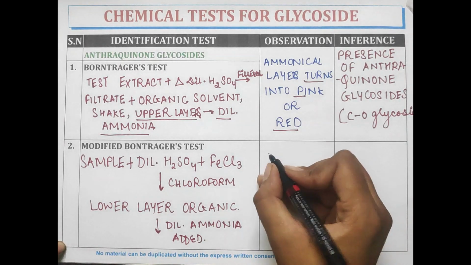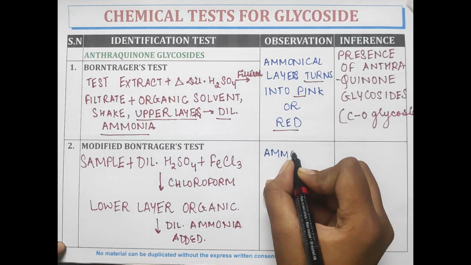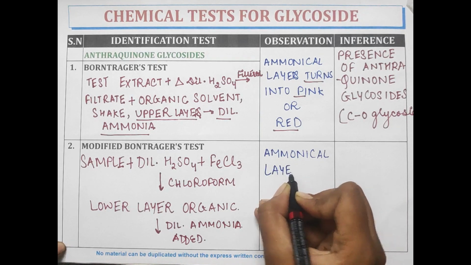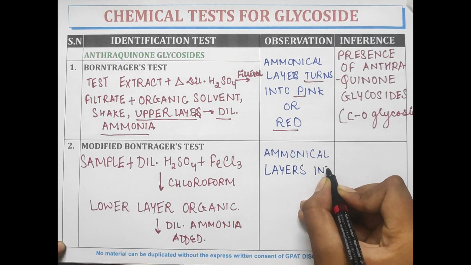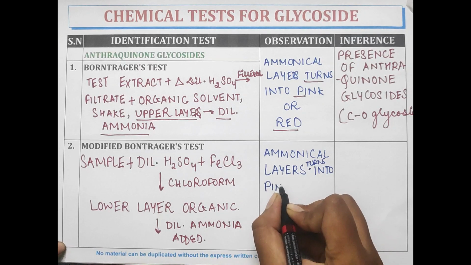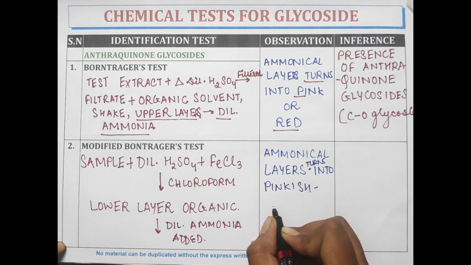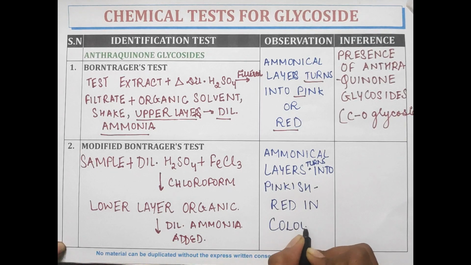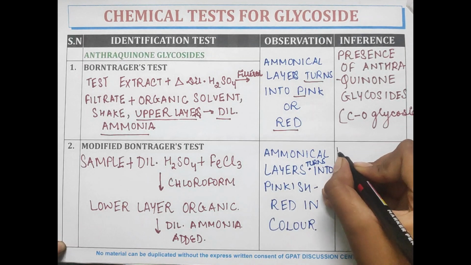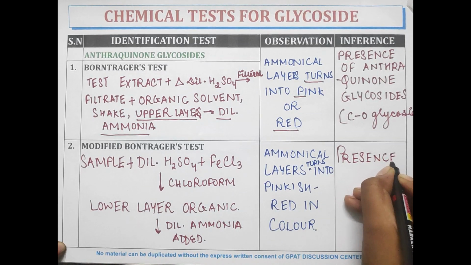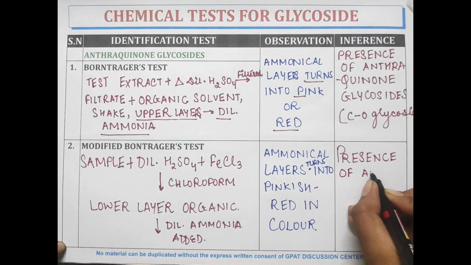This ammoniacal layer turns into pinkish to reddish color, indicating presence of anthraquinone glycoside.